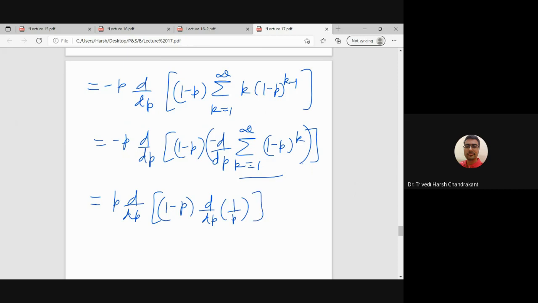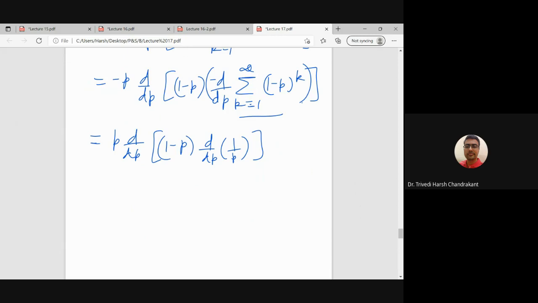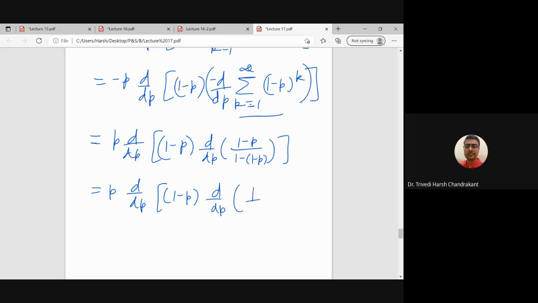So what is the derivative of 1 by p? Is this summation correct? Just one minute. So the first term is (1 minus p) divided by (1 minus p). Okay. Because here the summation is starting from 1, and the power is also starting from k. So (1 minus p) by p, so that is 1 by p minus 1.